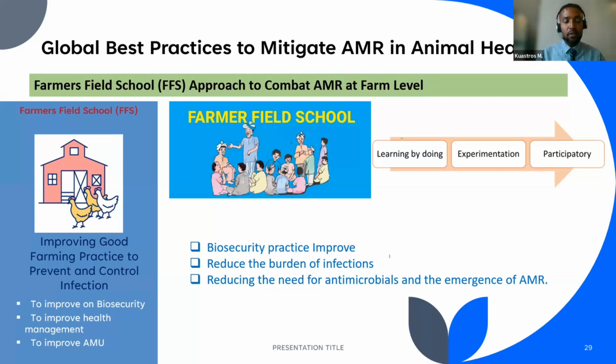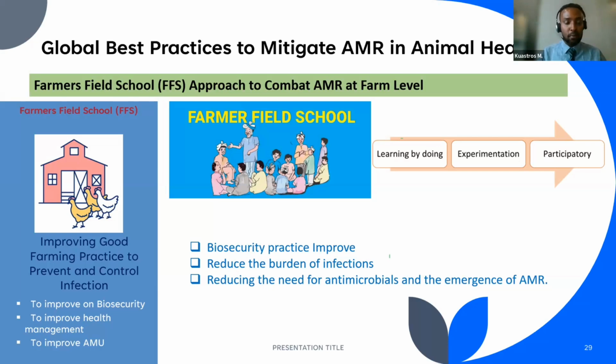It could be poultry farmers. They come together, and they learn how to improve biosecurity, how to reduce infection, and how to use antimicrobials. There is a facilitator, who is an expert, but the role of the facilitator is just to guide the farmers, not to teach them. Farmer field school is not a formal way of education; the farmers learn from each other, from the best experience.